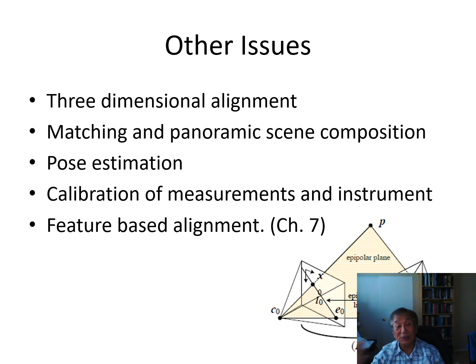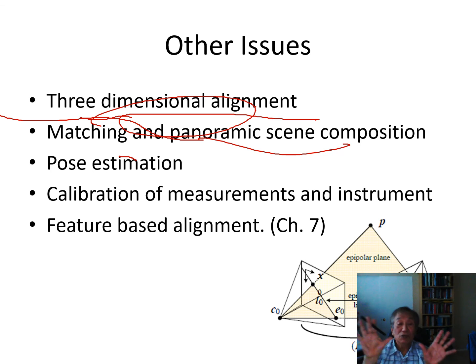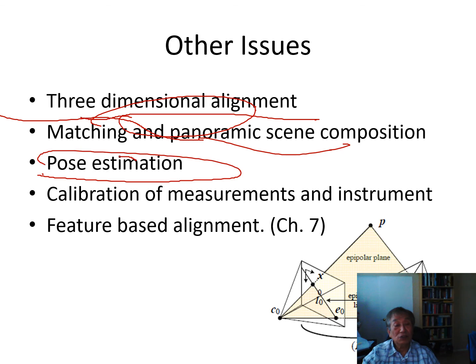If it is a three-dimensional alignment, there are always issues to look at in 3D. You have to reconstruct a 3D model, and your model or template must be 3D also, and you must do the comparison and matching in 3D. Panoramic scene composition is also needed, where you usually have multiple pictures and must work out how to fit them together to make those connections.